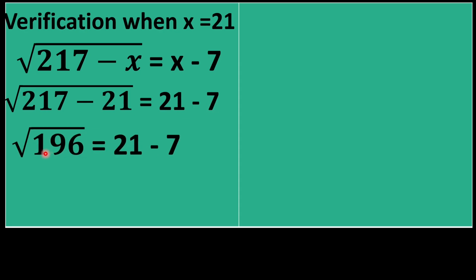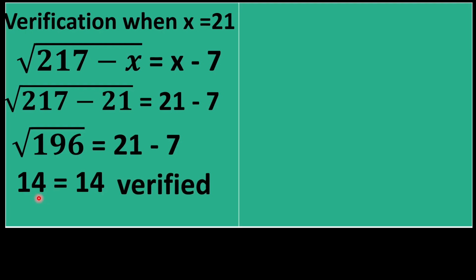Now this will become square root of 196, because 217 minus 21 equals 196, and 21 minus 7 equals 14, and square root of 196 is also equal to 14. So 14 equals 14, it means that this value is verified. So x equals 21 is our real solution of this question.